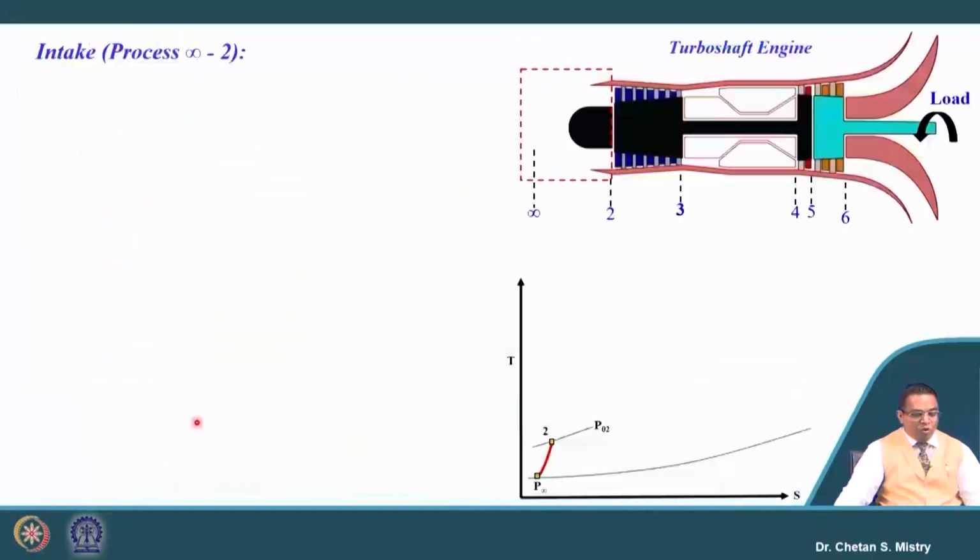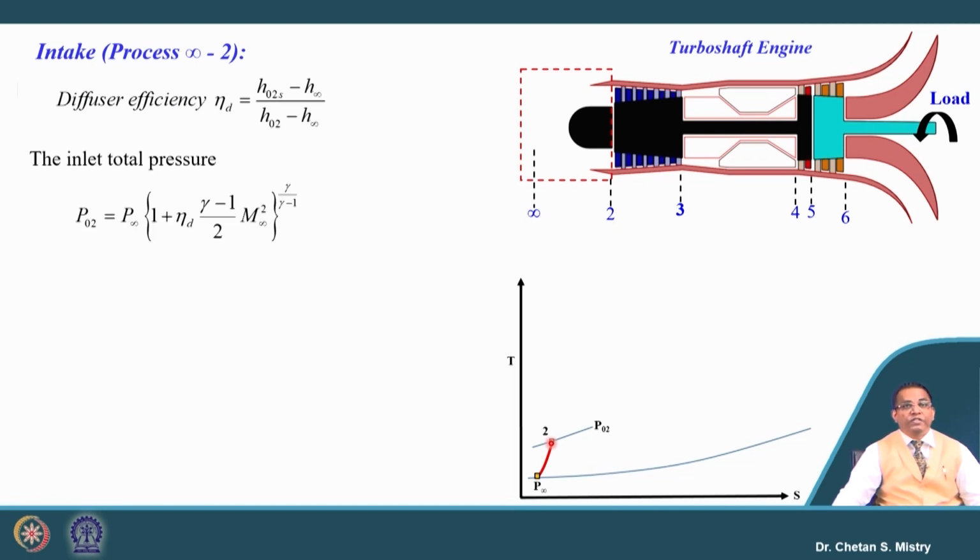Okay. Now, let us try to analyze this engine. Let us focus on the intake. We can say this is representing the TS diagram, and this process from infinity to 2 represents the actual process that is happening inside my intake. For this intake, the information we have is our diffuser efficiency.